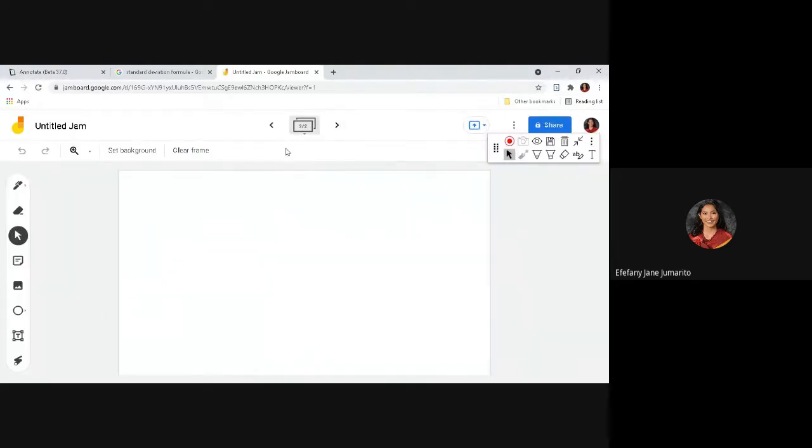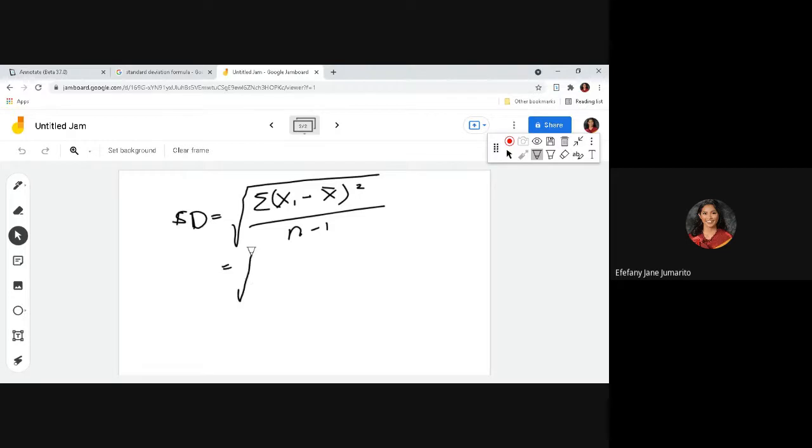Okay. So, we have that one, SD. SD is equal to square root of summation of x minus x bar squared over n minus 1. Okay, so we have that one. So let's add.